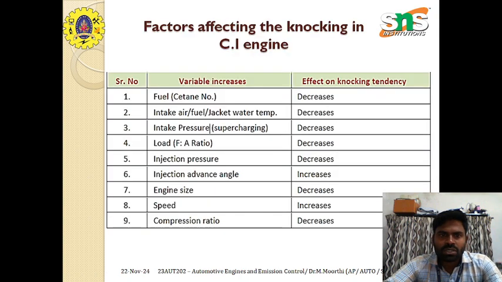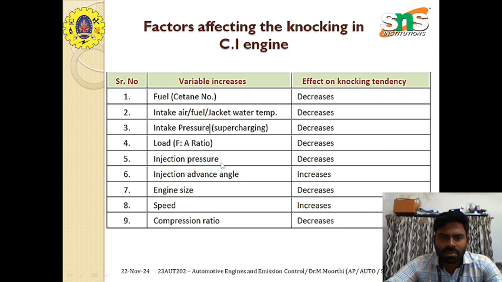There are numerous factors that affect knock in a CI engine. It starts with how each variable's increase affects knocking tendency. As the cetane number increases, knocking decreases. As the intake temperature and jet water temperature increase, knocking decreases. As the intake pressure increases, knock decreases. As the load increases, knock is reduced.